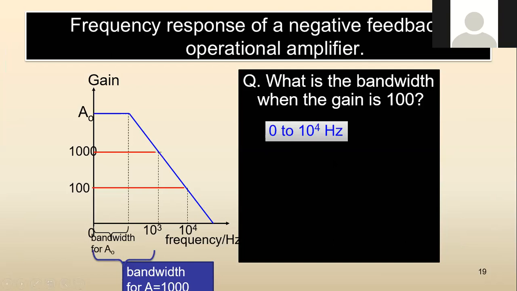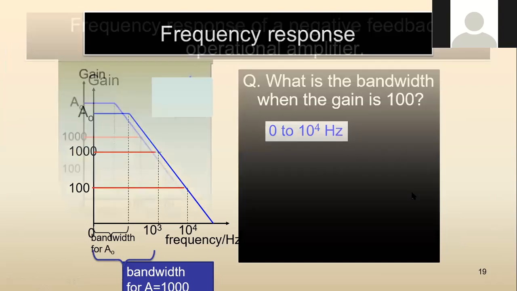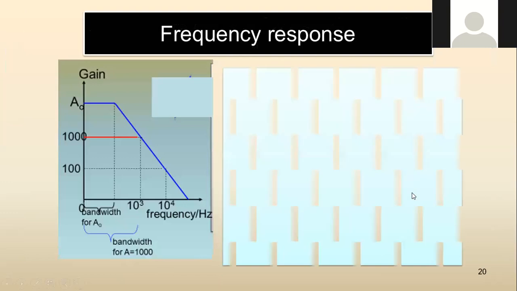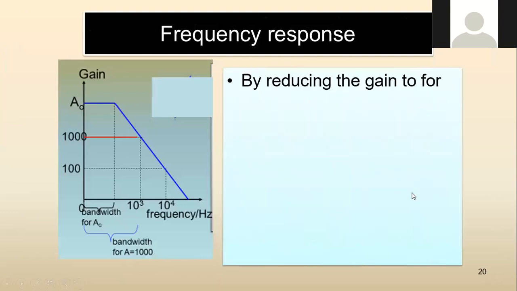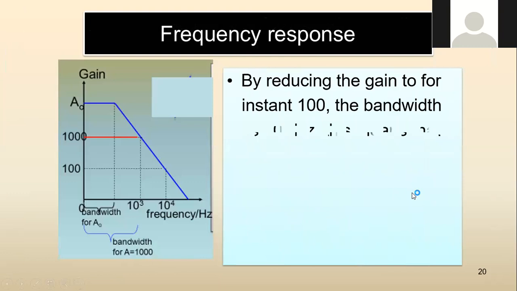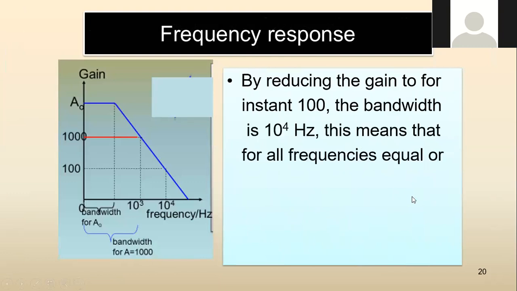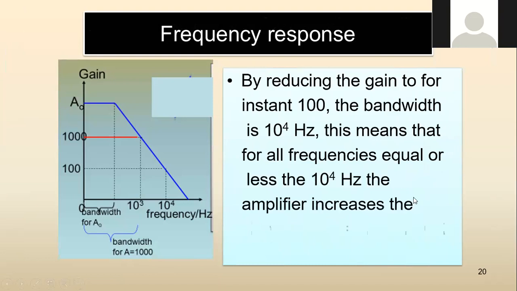It's still not good, so we usually will have our gain smaller than that. By reducing the gain to 100, the bandwidth is 10 to the power 4 Hertz. This means for all frequencies equal to or less than 10 to the power 4 Hertz, the amplifier increases the signal by the same amount. That's what we want, a linear amplifier.